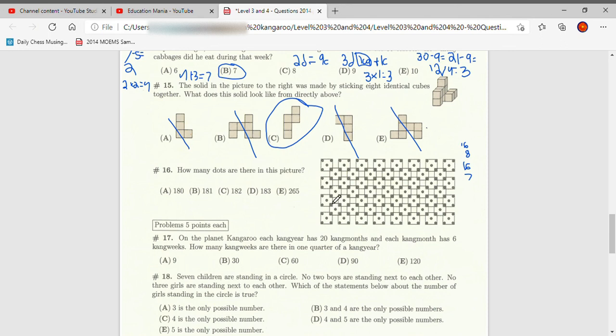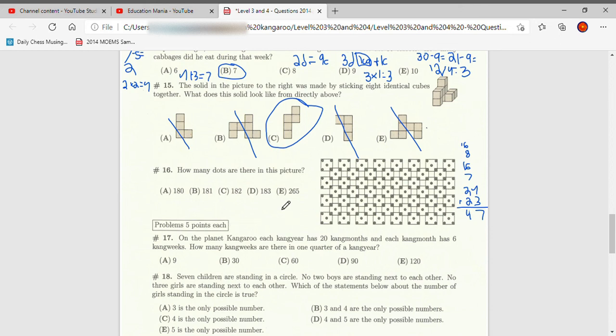So that's the pattern. So we can add 16 plus 8 and we get 24. And then 16 plus 7, we get 23. So it'll be 24 and 23. So we add this and we get 47. So it would actually be 47 times 4 minus 7.